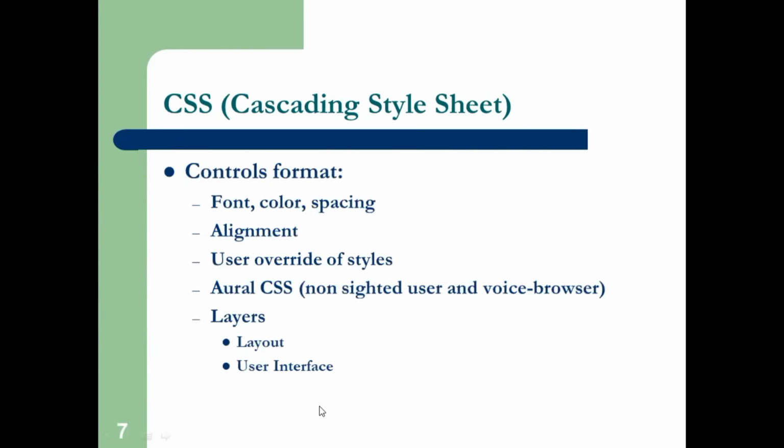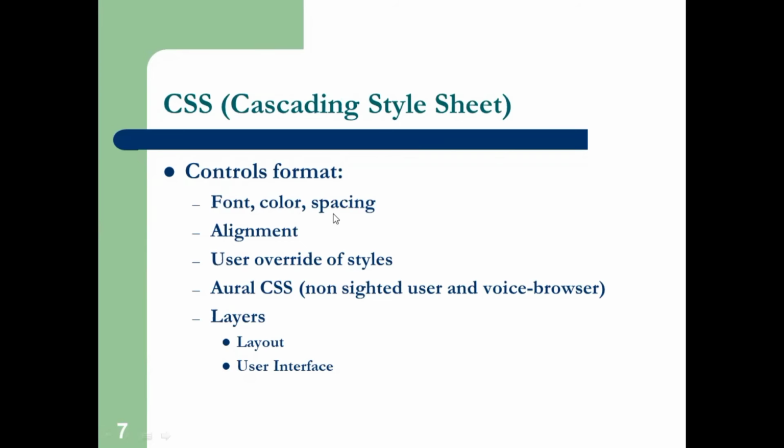Control formats. We can use it to control anything that is added inside the web page through HTML code, whether it is a map, image, table, or form. It can be controlled through the cascading style sheet code.